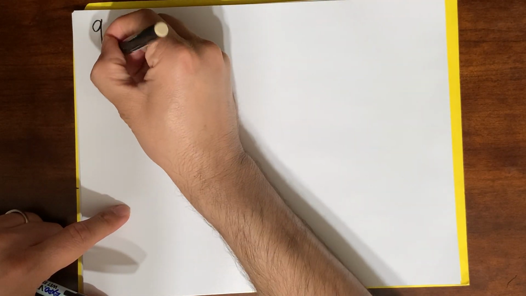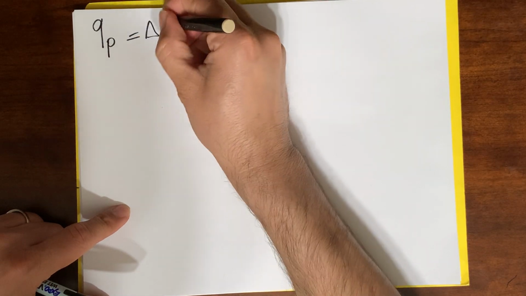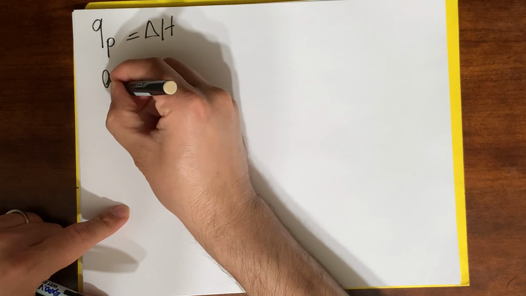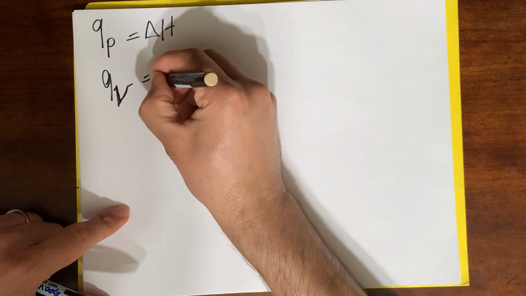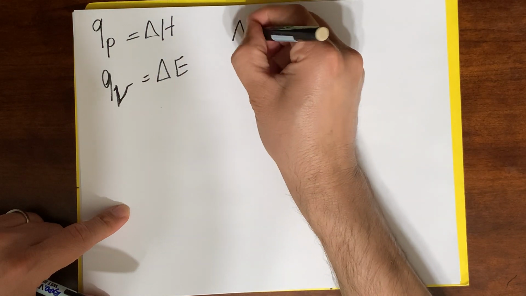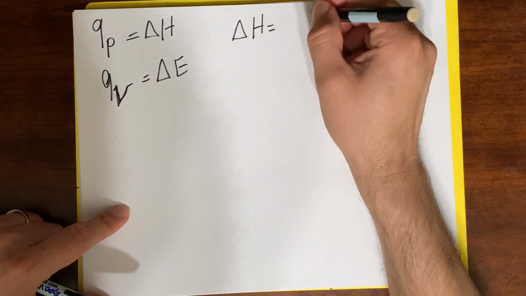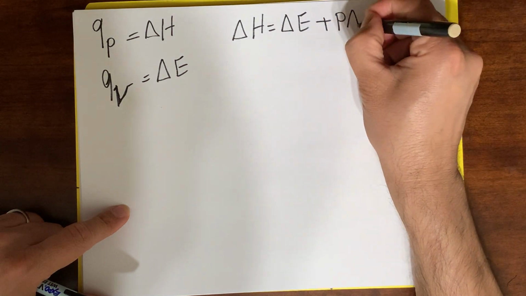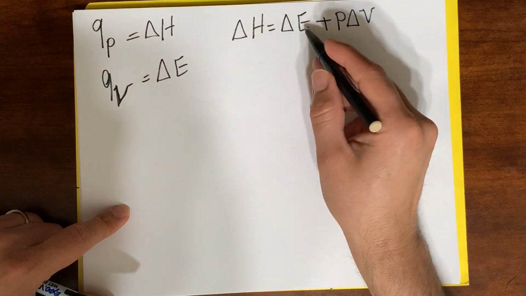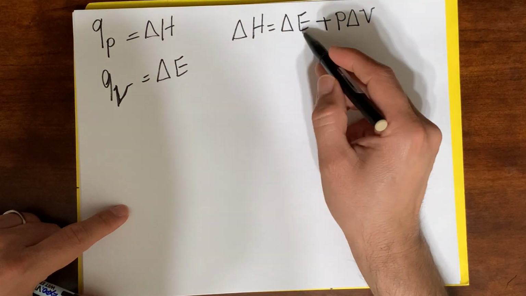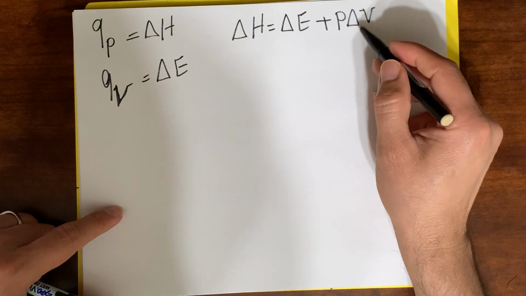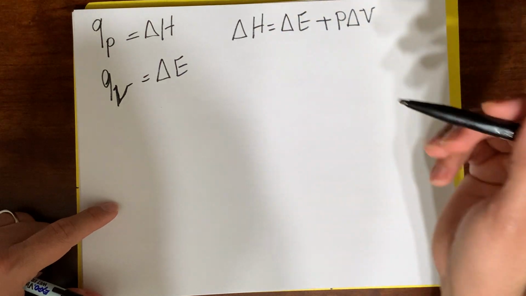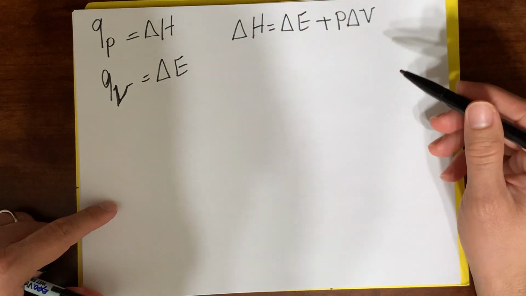Heat under constant pressure we call delta H. Heat under constant volume we call delta E. Delta H is equal to delta E plus P delta V. So in order to have delta H equal to delta E, that correction needs to be equal to 0, and then they will be equal to each other.